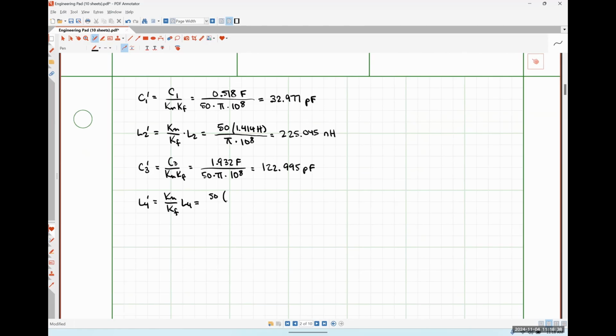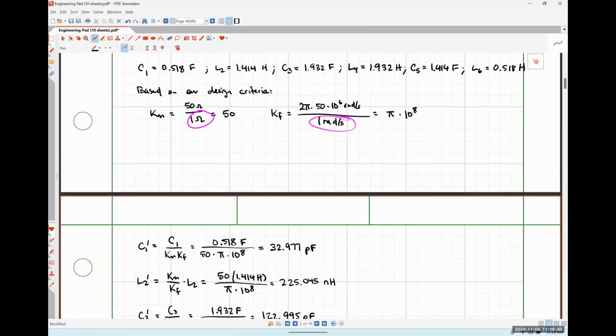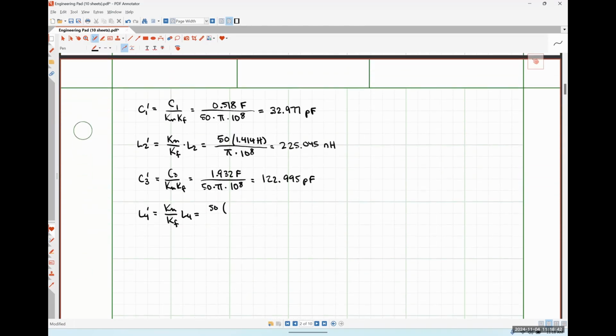So L4 was 1.932. Pi times 10 to the 8th gives me 307.487 nanohenries.